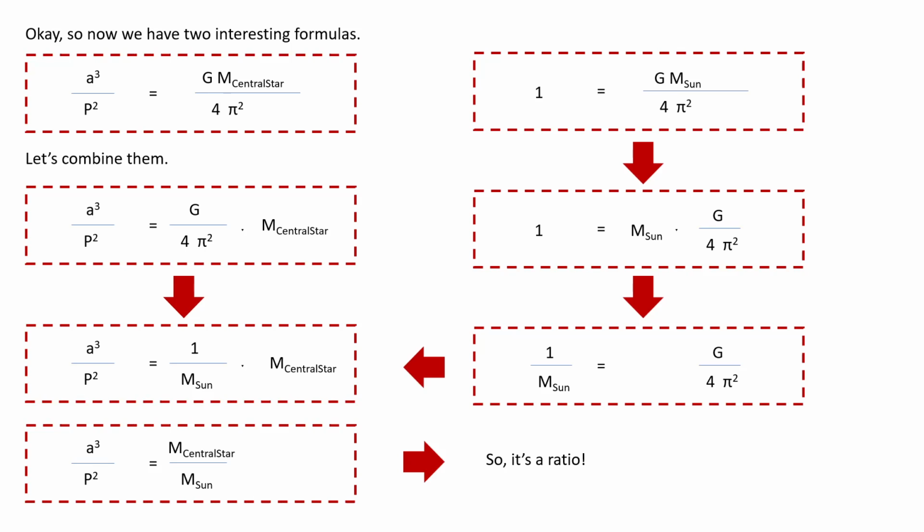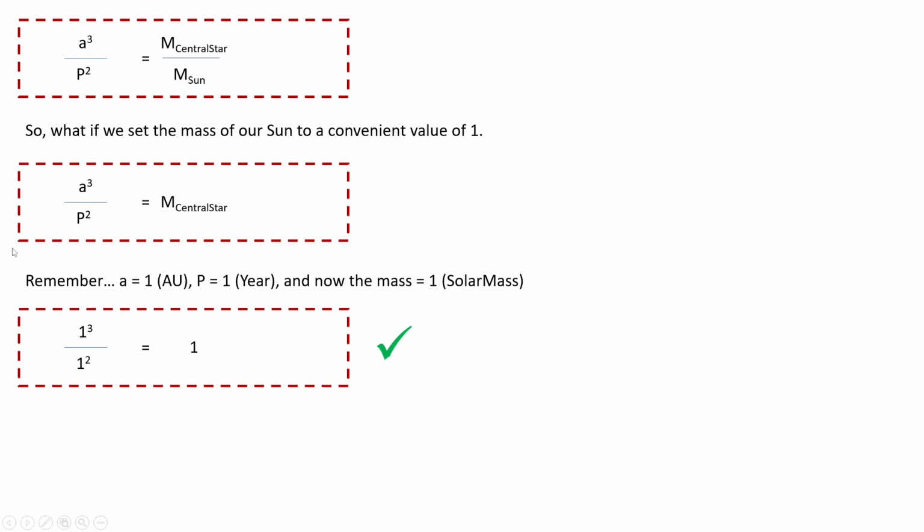Let's try that. So, one more thing very quickly. If we set the mass of our sun to a convenient value of 1, something over 1 is always that something.